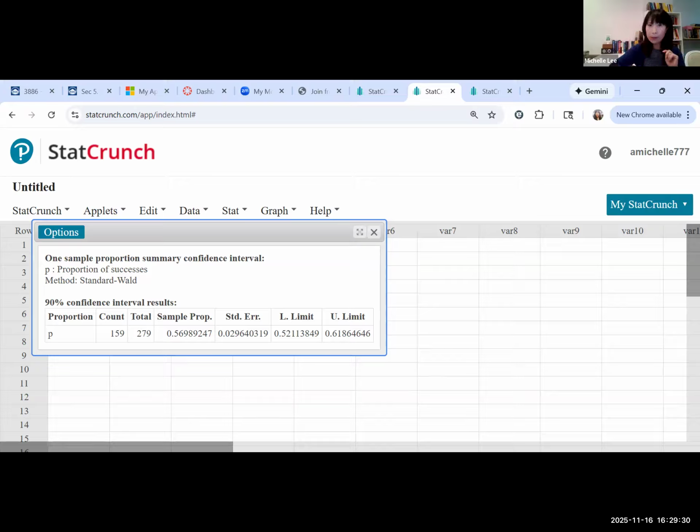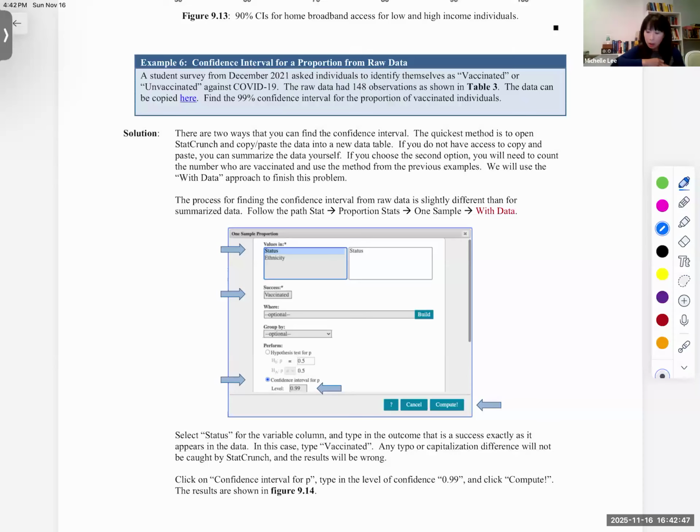Let me go back. All right, so let us do this example. What if we have a data set, right? So earlier we were using StatCrunch with summary, right? So in that case, we have data.